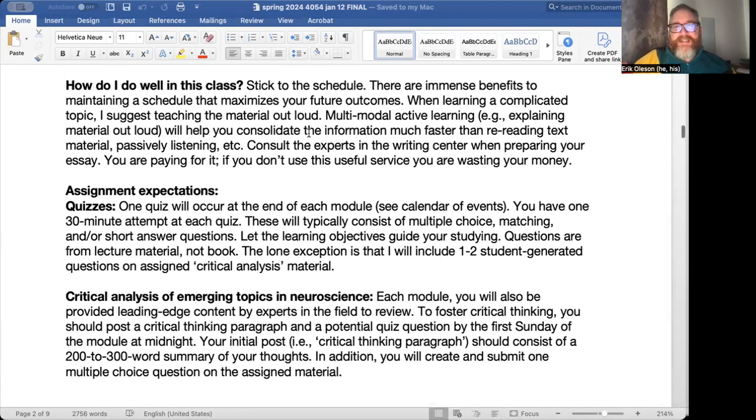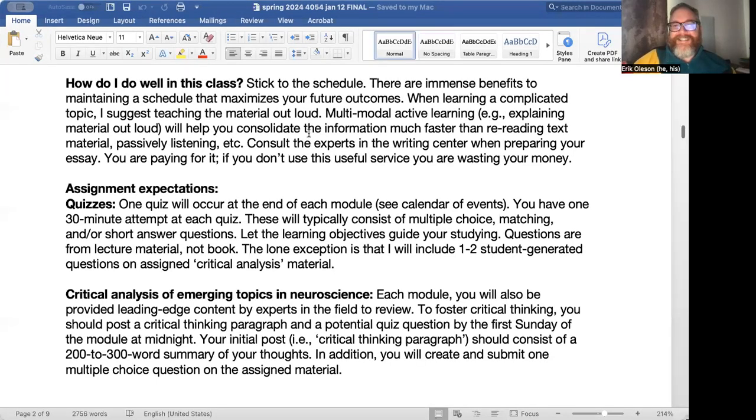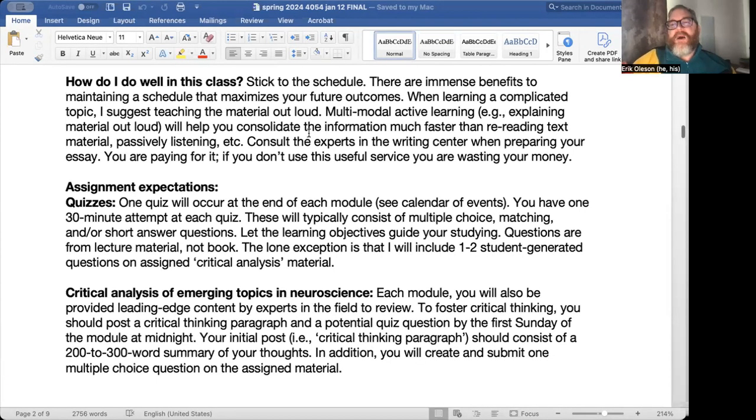To do well in this class, I think it's very important to learn and stick to the schedule of events. We occur on a very cyclical pattern in this class by design. If you learn to follow that pattern, you're going to do well. If we encounter difficult topics in lecture for you, I think it's most effective to try to teach these concepts out loud to a friend, a peer, or even the wall or a stuffed animal or your dog.